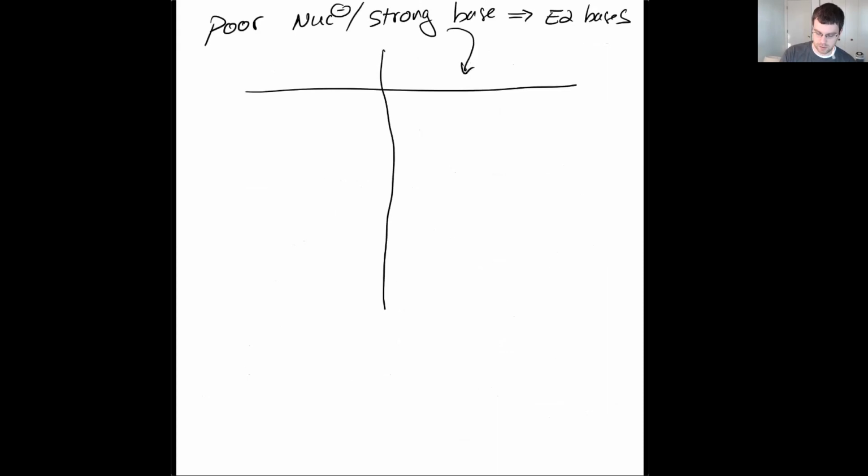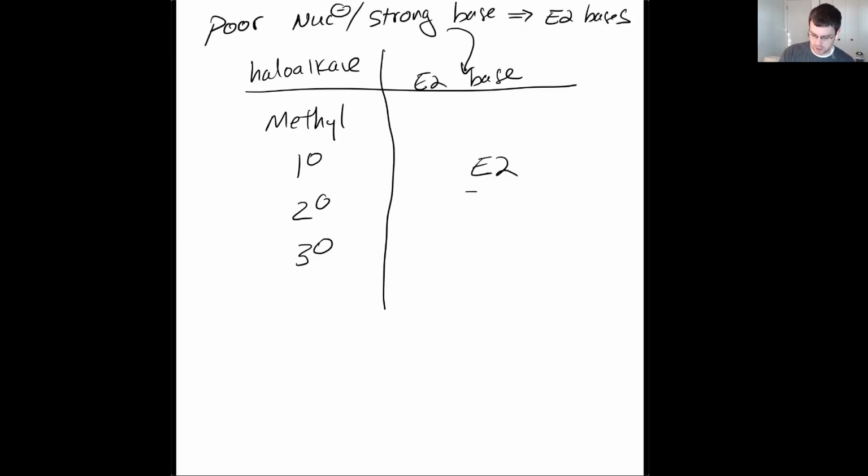That is, if we've got our poor nucleophile strong base, our E2 base, with the various haloalkanes, and maybe you're peeking at the chart and you already see something interesting. But for primary, secondary, and tertiary, our E2 bases are going to tend us towards E2 reactions, whereas the methyl-containing ones actually, interestingly, divert reactivity towards Sn2 reactions.